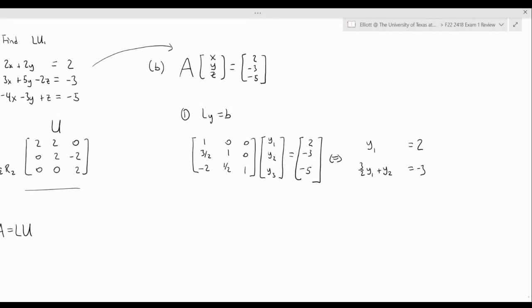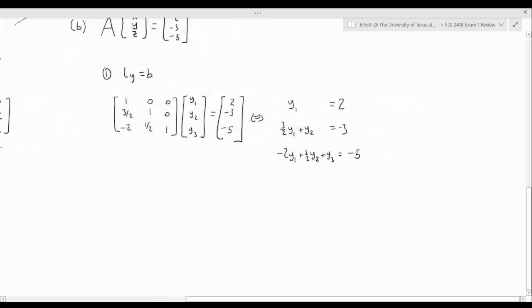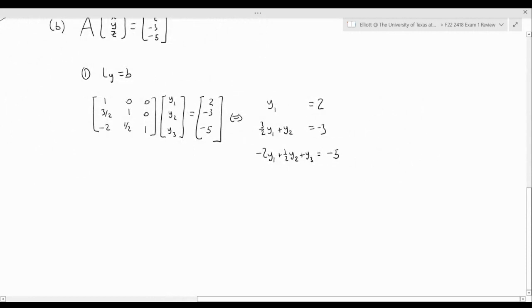And then the third row gives you negative 2y1 plus 1 half y2 plus 1 y3 equals negative 5. Because L was lower triangular, we can solve this by doing forward substitution. So basically, we already know y1 equals 2. We're going to substitute forward into the next equation, and then we can solve for y2 now, okay?